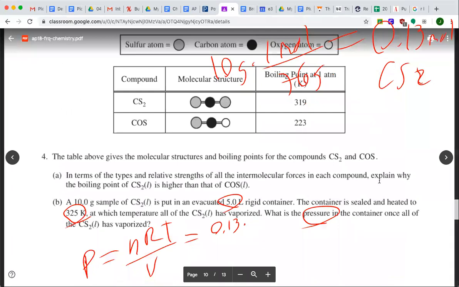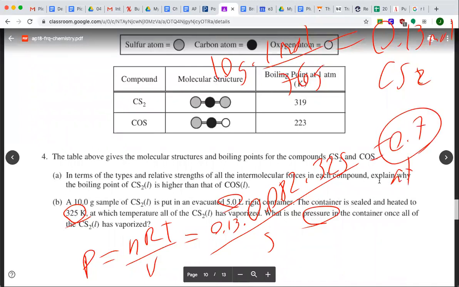So you multiply that by 0.082 times the temperature, 325, all over 5 liters. Let's just do this out. That times 0.082 times 325, all divided by 5, equals 0.7. I get 0.7 atmospheres.